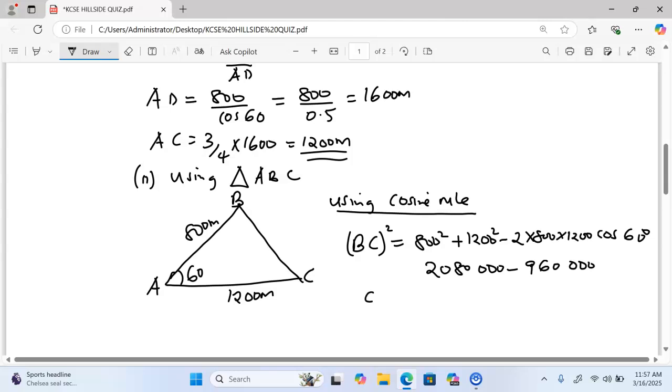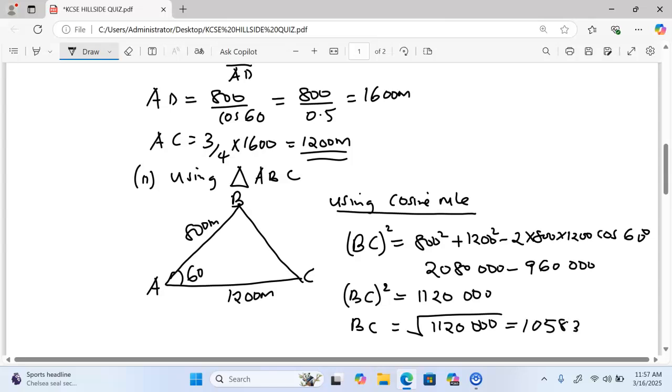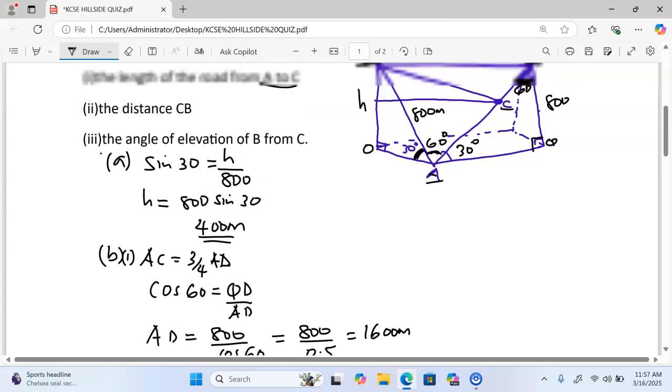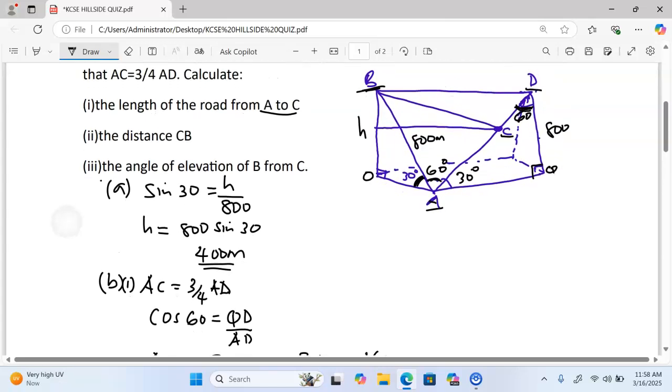So BC squared is equivalent to 2,080,000 minus 960,000, giving us 1,120,000. And to get BC, we take the square root of 1,120,000, and this gives us 1058.3 meters, which is approximately 1058, correct to the nearest whole number. We are through with Roman 2, which is the distance CB.